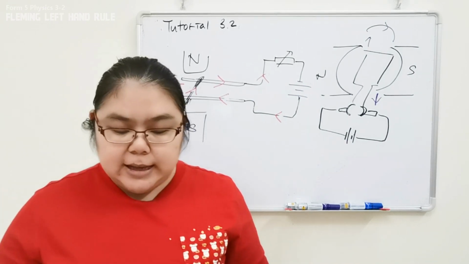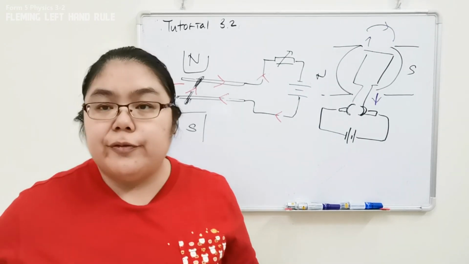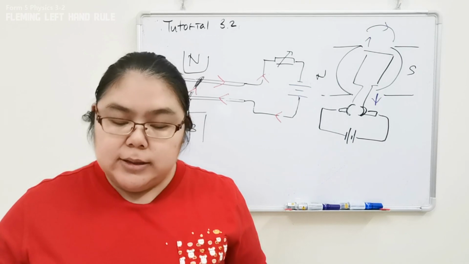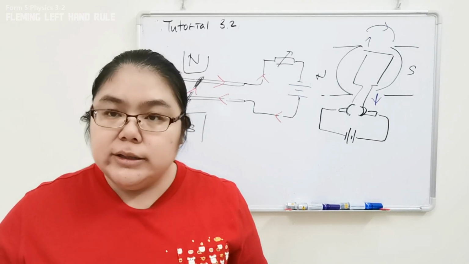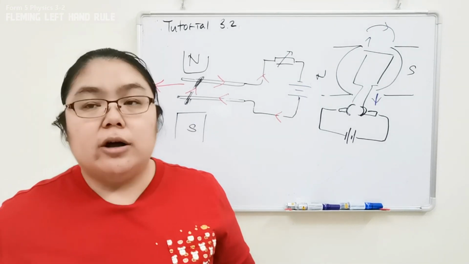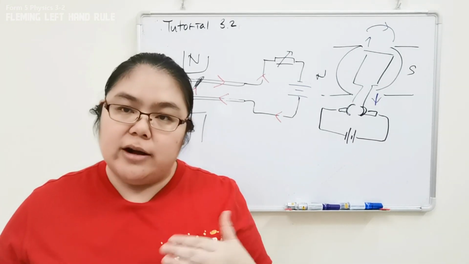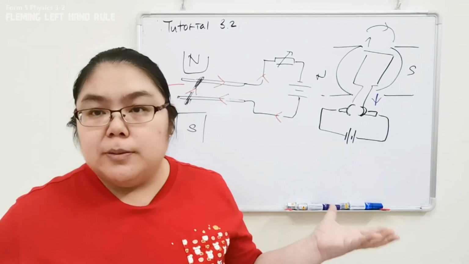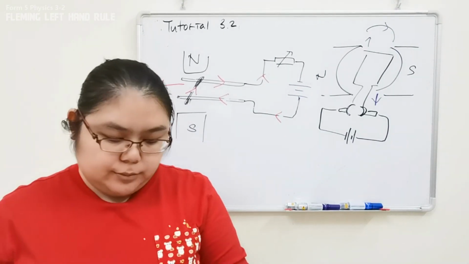So we write a full sentence: the copper rod moves forward and backwards due to direction of current changing. The current keeps changing. So that's why the copper rod also changes its movement direction.